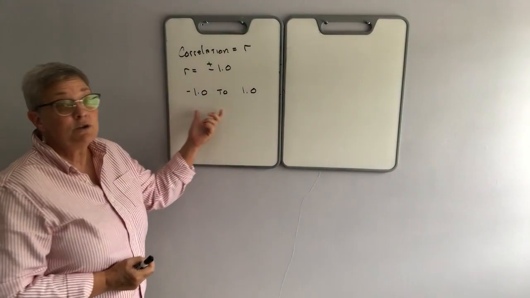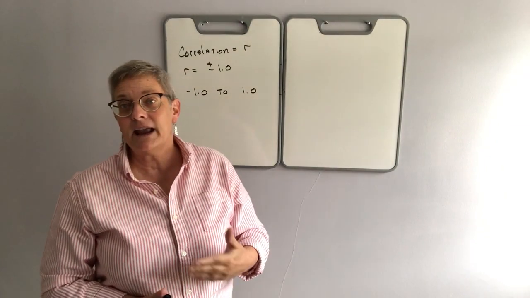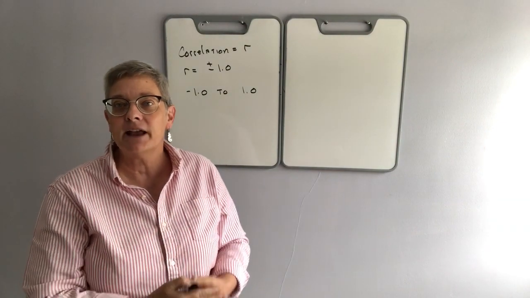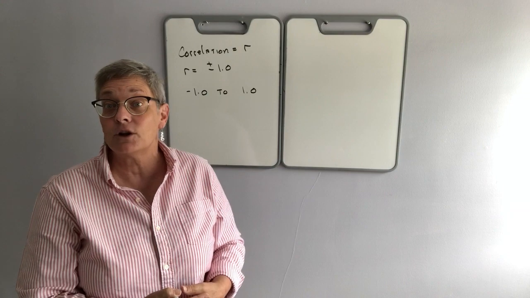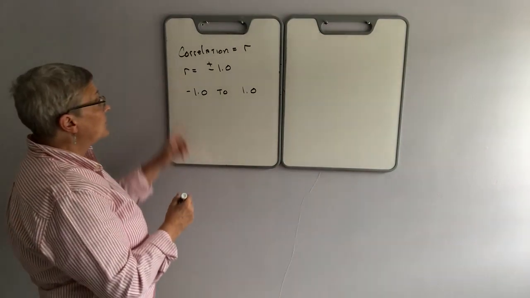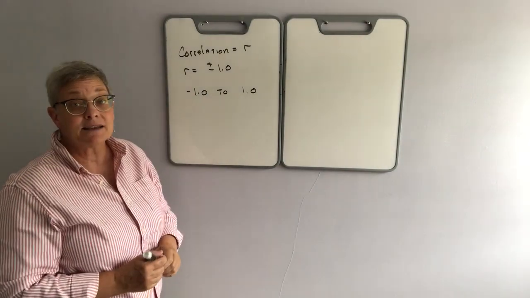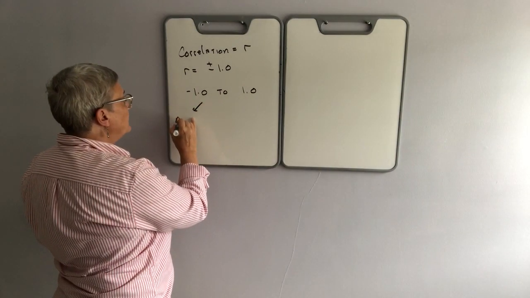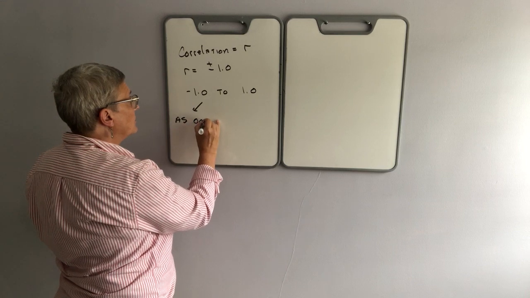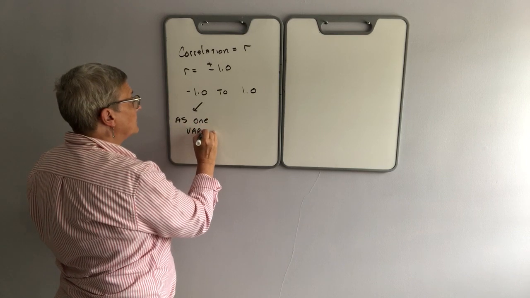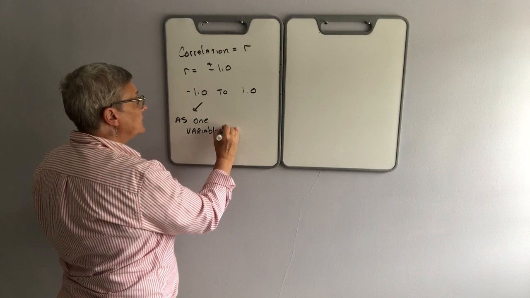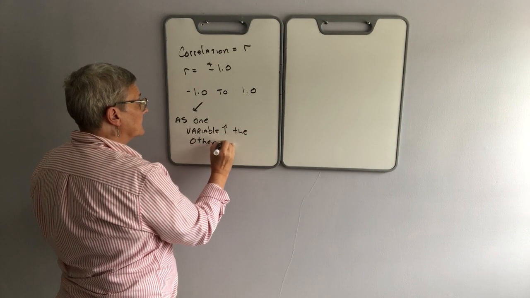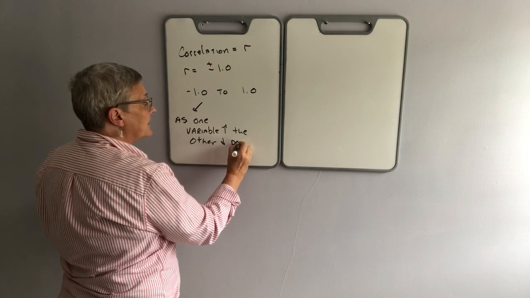Once you get that, run with it and give it a qualifier: it's a strong negative or a strong positive correlation. Which brings us to, what's the difference between negative and positive? With a negative correlation, as one variable increases, the other goes down, and it doesn't matter which.